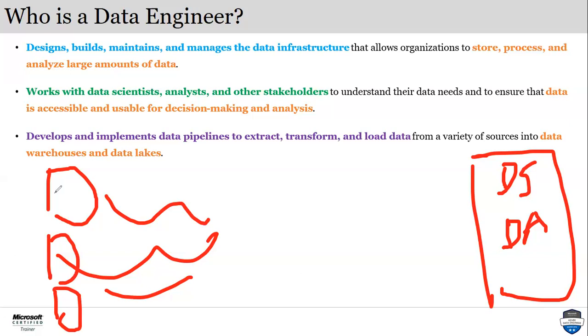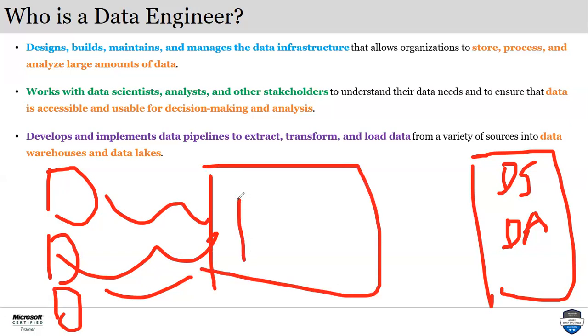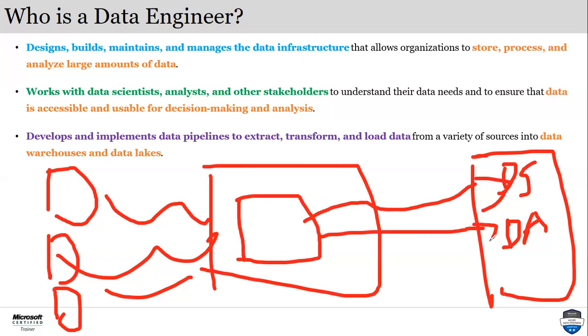Now, the data engineer makes sure to get all the required data, which is in different formats and different sources, and puts it in a common, unique format, standardizing and transforming the data, so that these people can consume it. That's what the data engineer does.